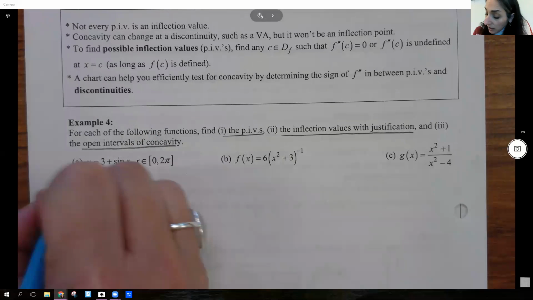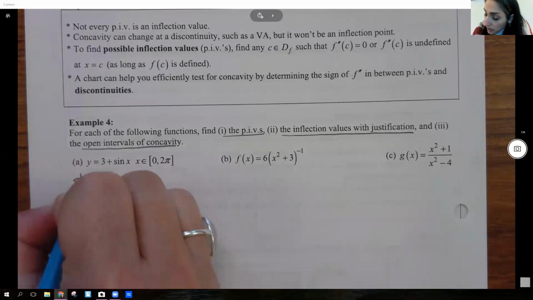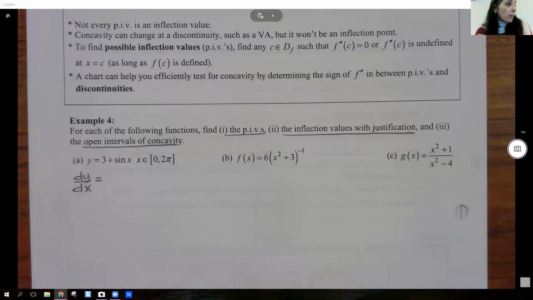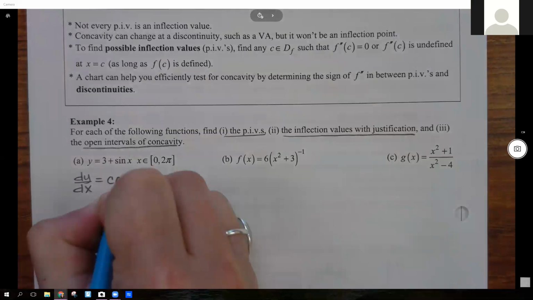So what we're going to do is take the first derivative, dy over dx. What will be the derivative of 3 plus sine x? Cosine of x. Yep, cosine of x. Good.